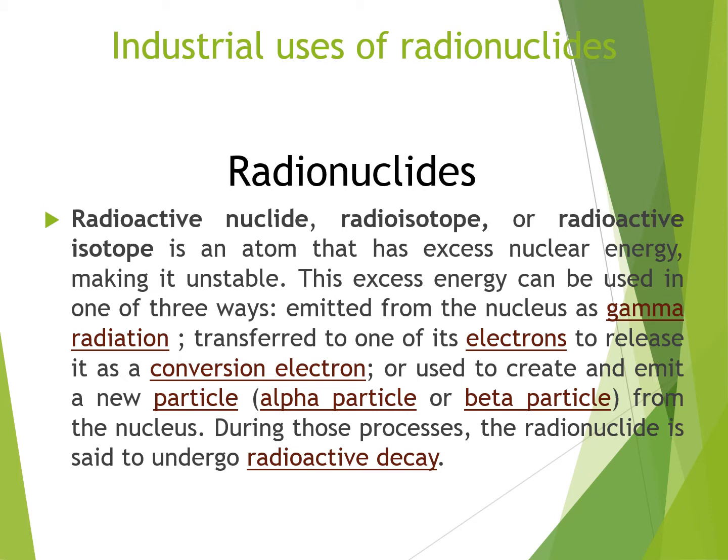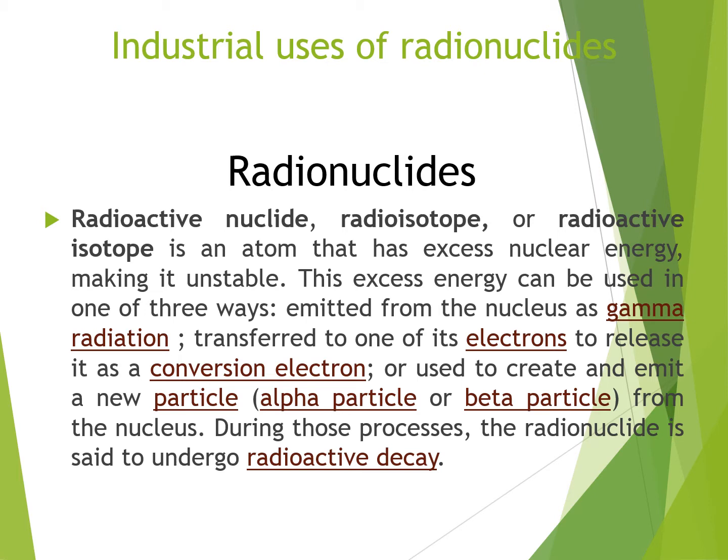The conversion electron is the electron which is released when a highly radioactive atom having excess energy ejects an electron from a neighboring orbital of the atom, and this high energy electron is known as the conversion electron. During all these processes, the radionuclide is said to undergo radioactive decay.